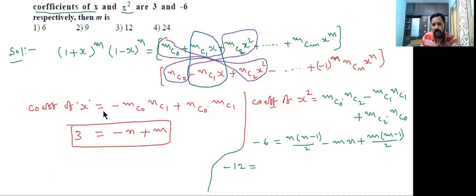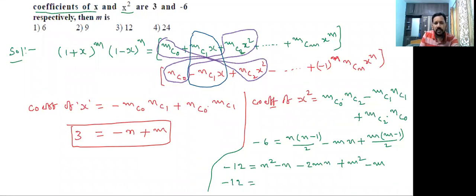And the numerator: n square minus n, here minus 2mn. How did we get 2? We have taken the LCM now, that's why. Plus m square minus m. Okay. Next, how to write? Minus 12, that is equal to.